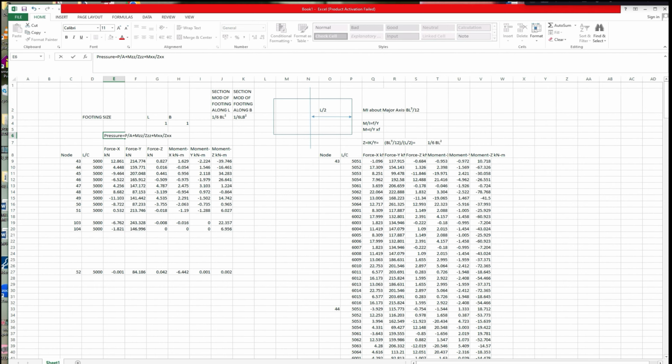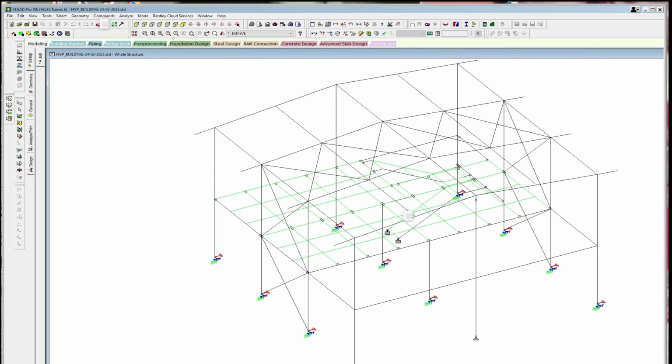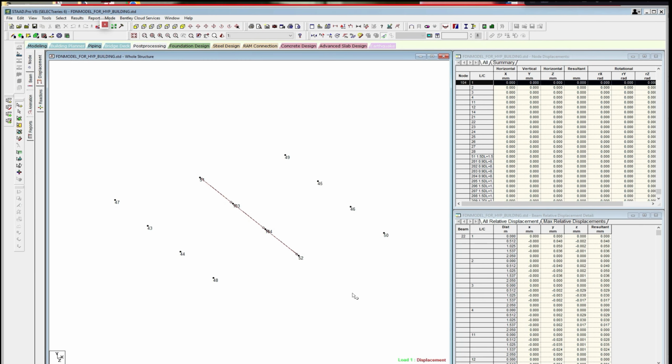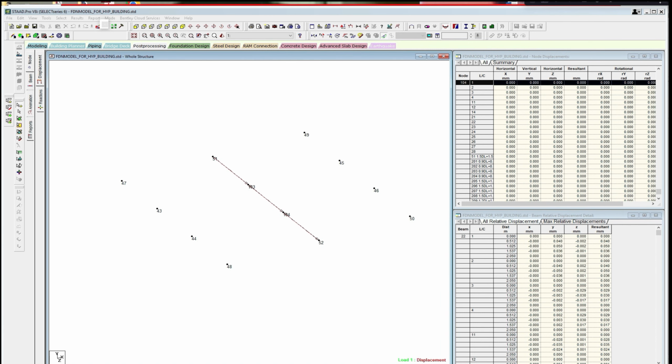You can see that this is our Z axis and this is our X axis. So the section modulus about the Z axis will be controlled by the major axis.